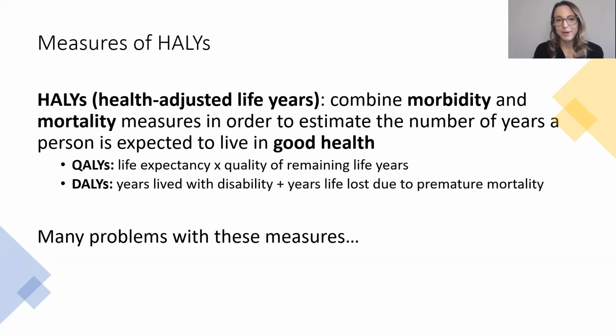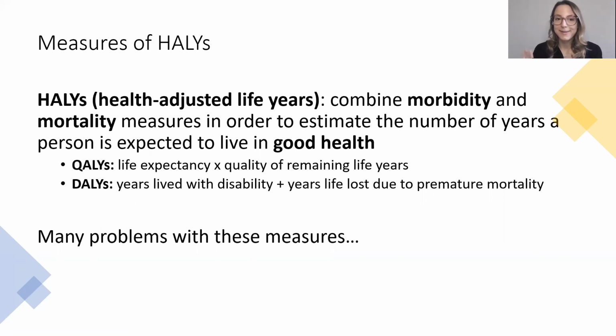This takes into account life expectancy as well as the quality of the remaining life years of that individual, summed to the population level. Another measure that is worth talking about are DALYs, which are disability-adjusted life years. This constitutes the years lived with a disability and the years of life lost.